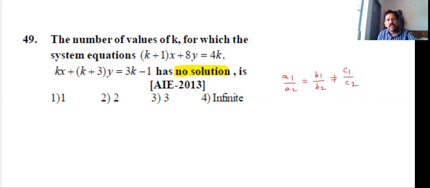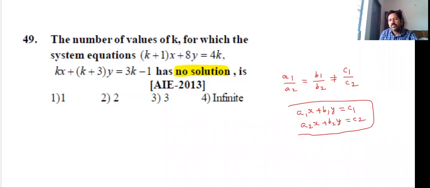This is the condition, when the equations are in the form A1x plus B1y is equal to C1, and the second equation is A2x plus B2y is equal to C2. So the system of non-homogeneous equations has no solution, then this is the formula: A1 by A2 is equal to B1 by B2 is not equal to C1 by C2.